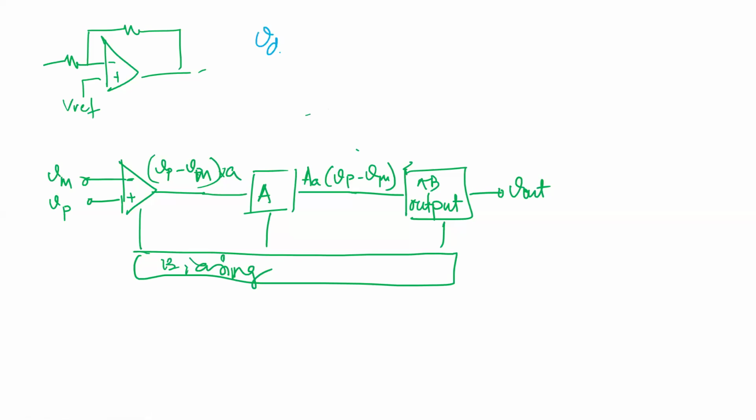So VD, the differential voltage, is the difference in the voltage given at the input of the op-amp. And VCM, or the common mode voltage, is defined as these two voltages divided by 2. So the common mode voltage, if I ask what's the common mode voltage, you add these two and divide by 2.